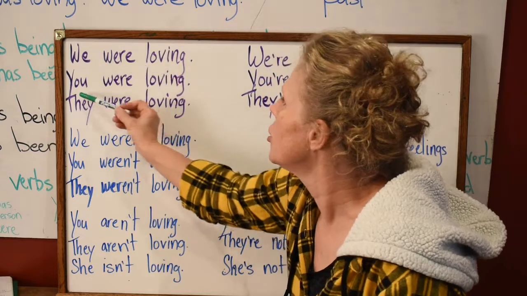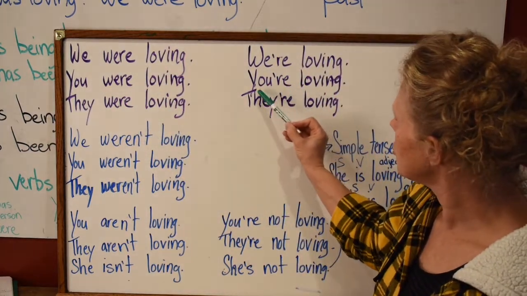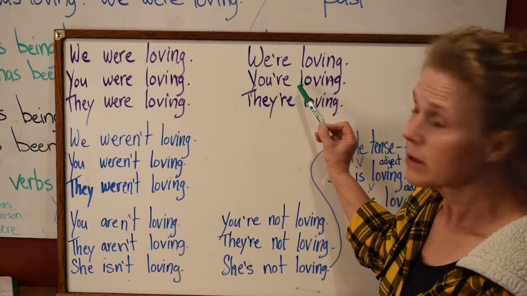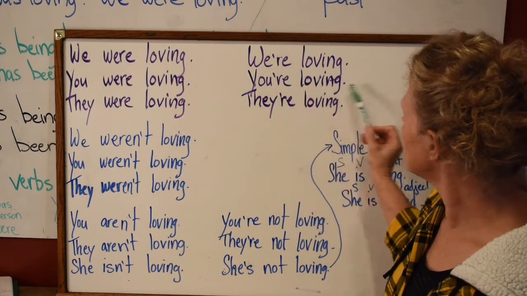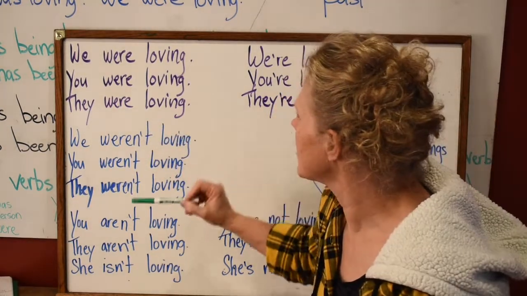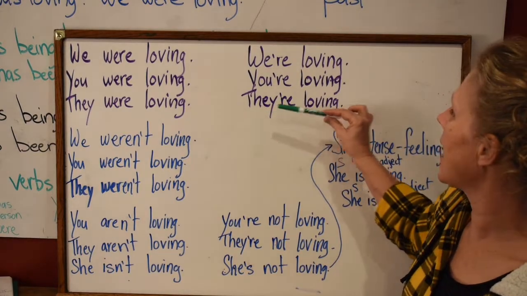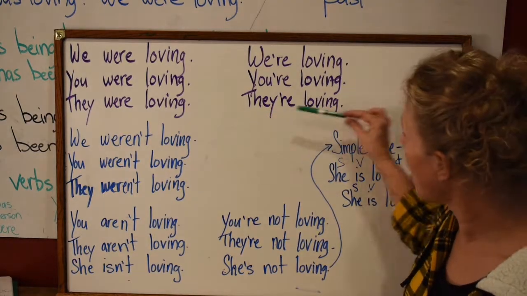connecting your subjects. "You were" is past. This is the present: "you are." This is the present tense. "You are loving," "you're loving." "They were loving" is not the same as "they're loving." This is "they are loving." These are not the same.